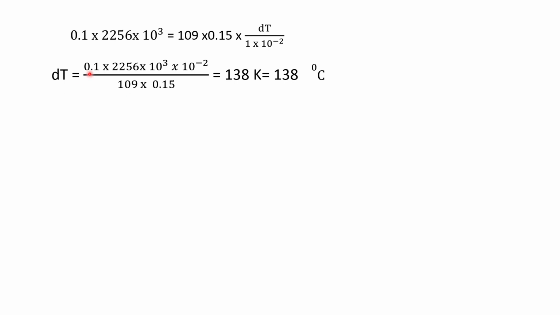So dT is equal to 0.1 into 2256 into 10 raised to 3 into 10 raised to minus 2 by 109 into 0.15. We get 138 Kelvin. The temperature difference remains the same when we convert to Celsius scale. So it is 138 degrees Celsius.